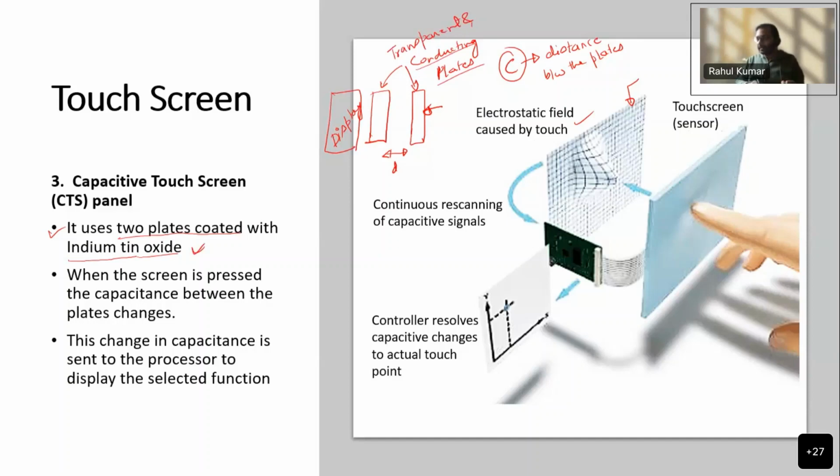When the screen is pressed, the capacitance between the plates changes, and this change in capacitance is then sent to the processor to display the selected function.